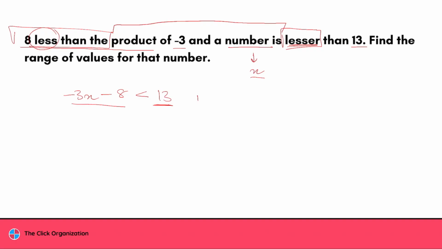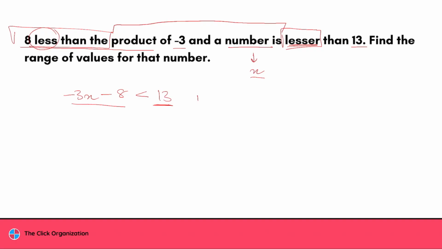Now with that, we can divide the equation by minus 3. We know that if we divide an inequality by a negative number, we have to flip this sign as well. So this minus 3 will get cancelled, the sign will be flipped, and it'll become 21 divided by minus 3. This will give x is greater than minus 7.